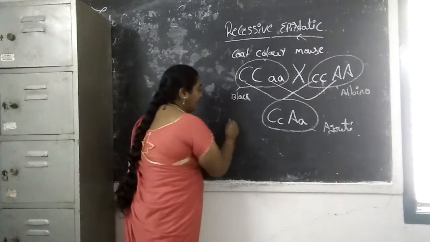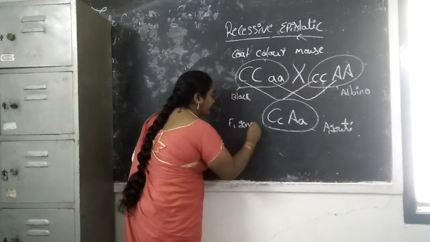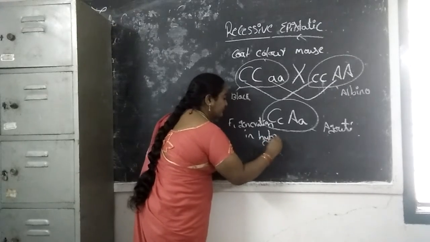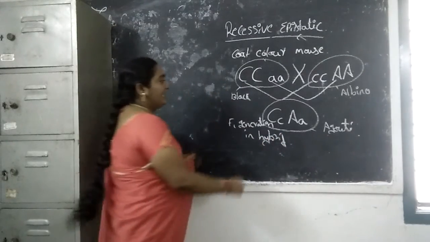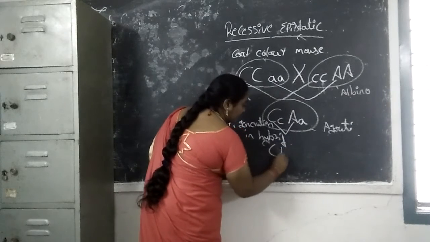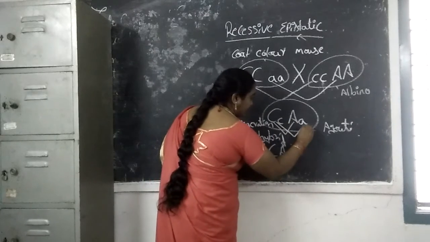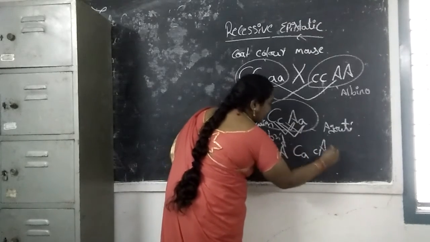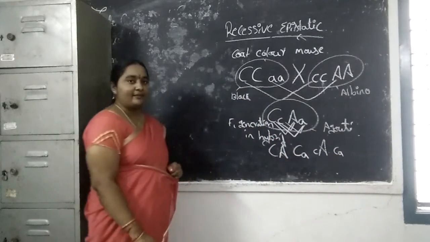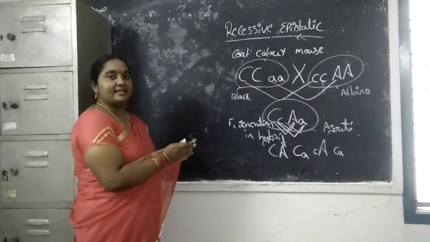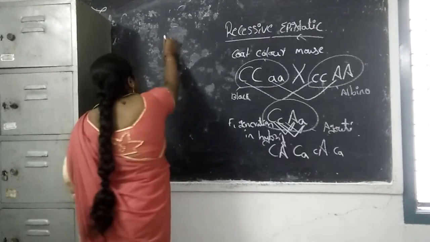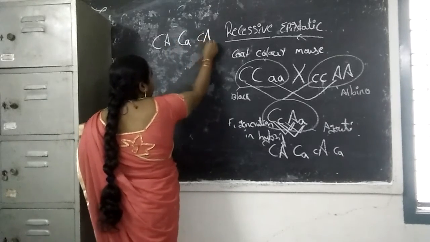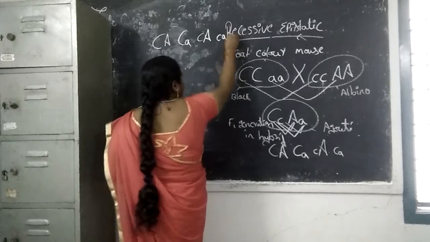Okay, this is the F1 generation hybrid. Capital C, capital A, capital C, small a, small c, capital A, small c, small a. This is the arrangement of the checkerboard. Capital C, capital A, capital C, small a; small c, capital A, small c, small a.